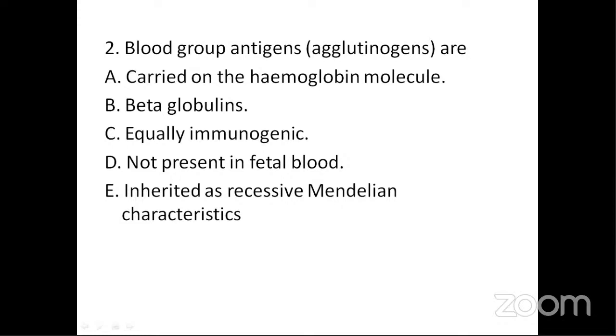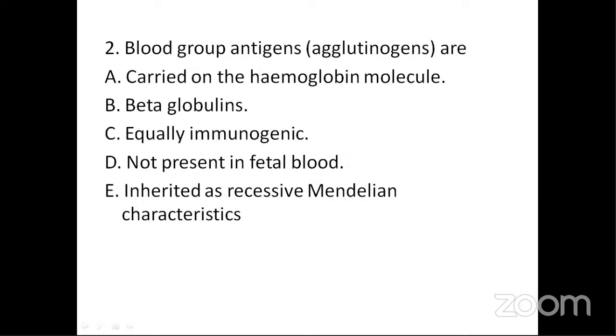What is the next option? Blood group antigens are equally immunogenic. It is false because A, B, and D antigens are more immunogenic than the others. So it is not equally immunogenic. The next option is blood group antigens are not present in fetal blood.